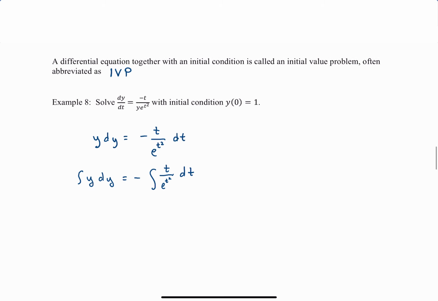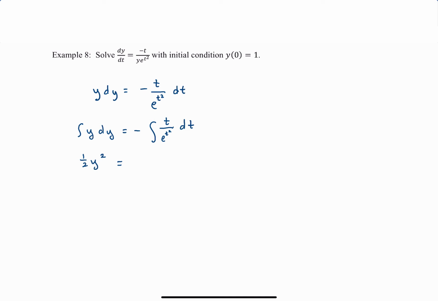On the left-hand side, I'll get 1/2 y squared. Remember, we're saving the c for the other side. On the other side, let's write this in more integration-friendly form. I'm going to rewrite the e to the t squared in the denominator as e to the minus t squared in the numerator.